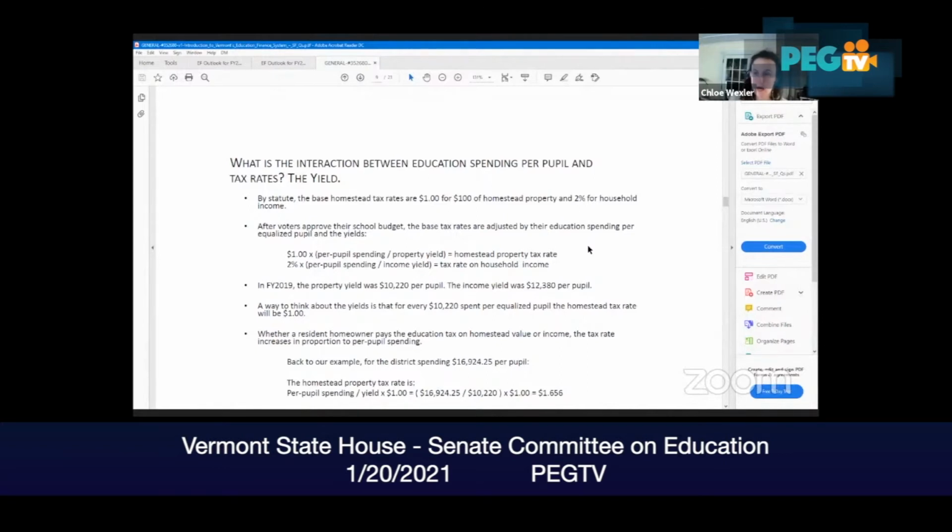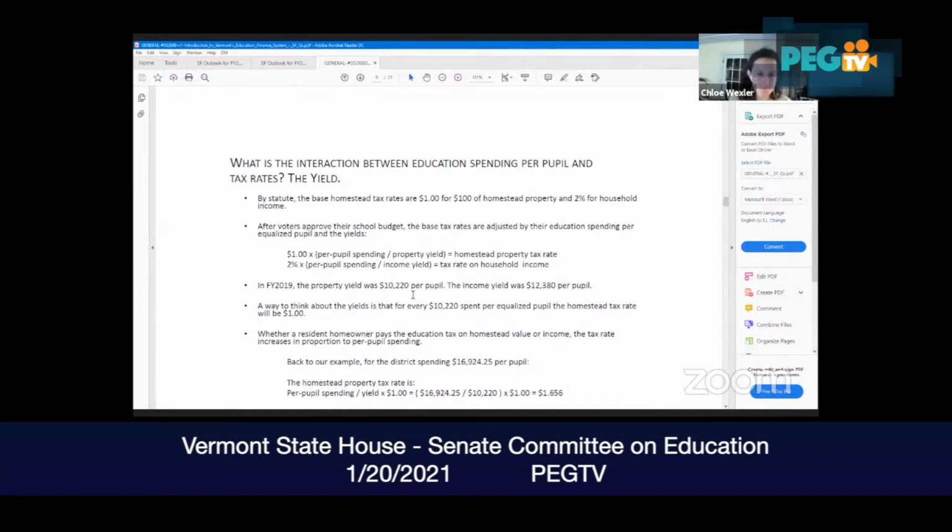By statute, there are base homestead and income rates set in statute, and those rates vary based on what you decide to spend. A way to think about the yield is that for $1 of tax rate, you could spend $10,220 per equalized pupil.